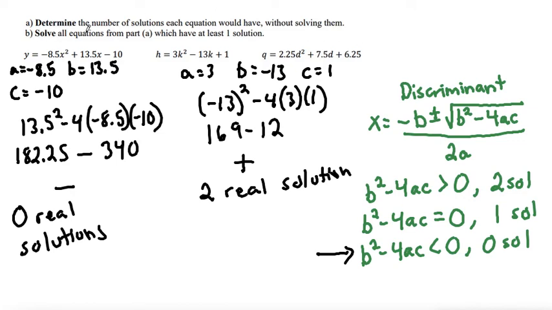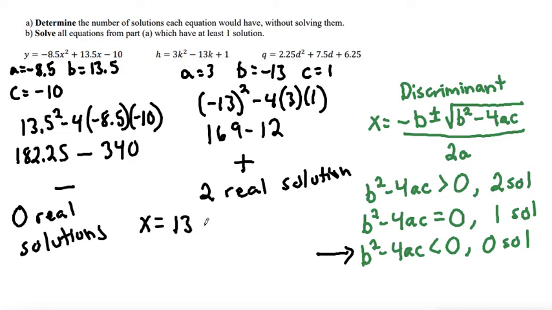It says to solve all equations from part A which have at least one solution. So we can skip the first one because it had 0 real solutions. I think the easiest way to finish solving is to use the quadratic formula and plug in our numbers. We already found our discriminant, which was 169 minus 12, which simplifies to 157. Negative b would be a positive 13.